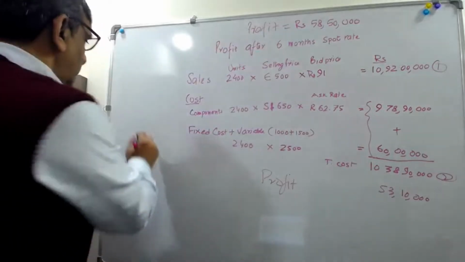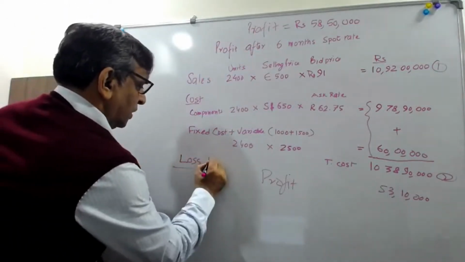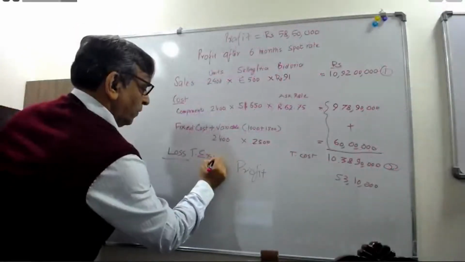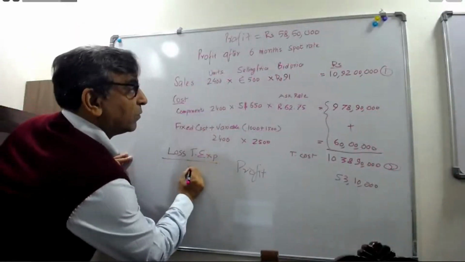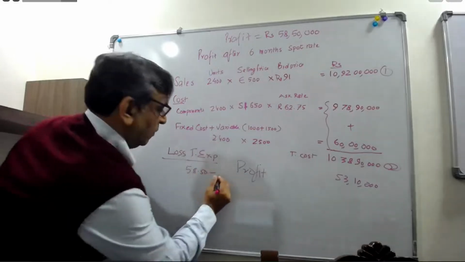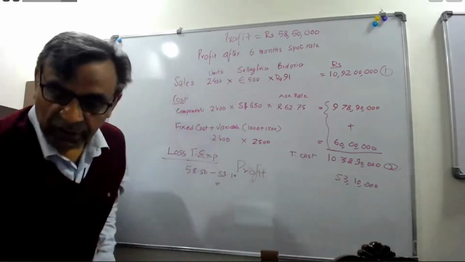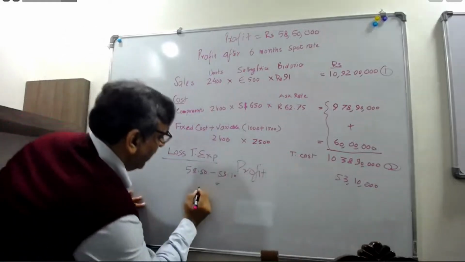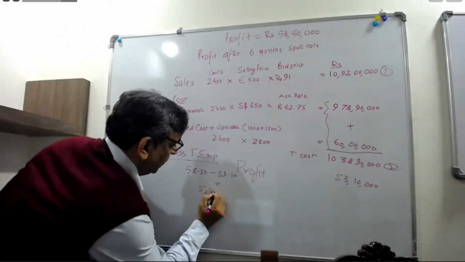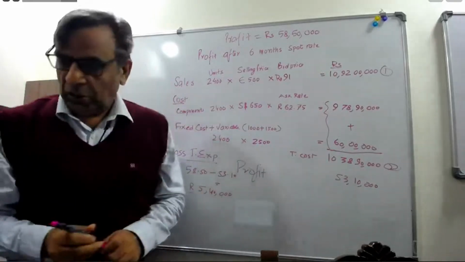So that means there is a loss now because of transaction exposure, which is 58 lakhs 50,000 minus 53 lakhs 10,000. He has suffered a loss of 5 lakh 40,000. So this is his transaction loss.